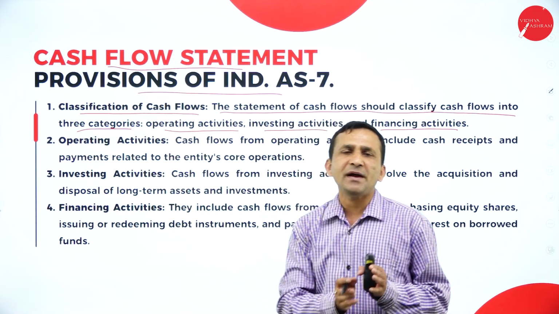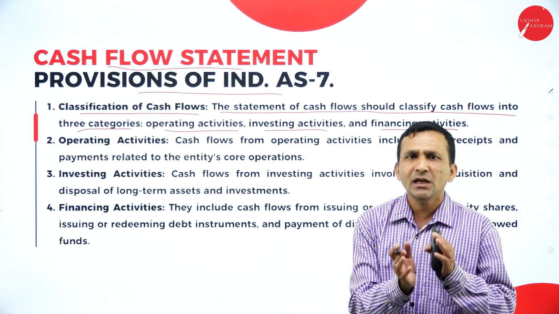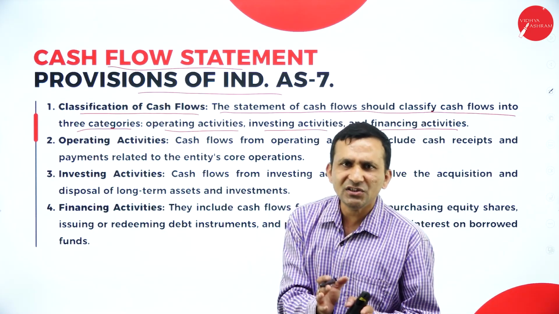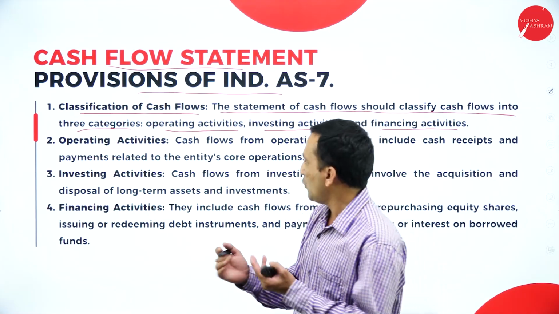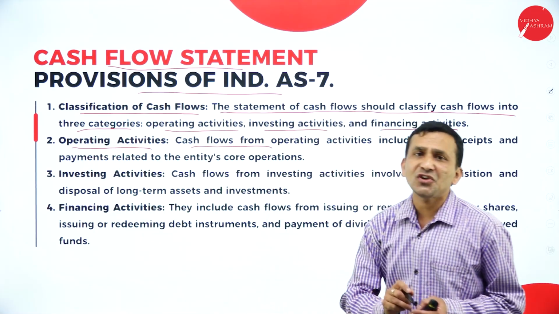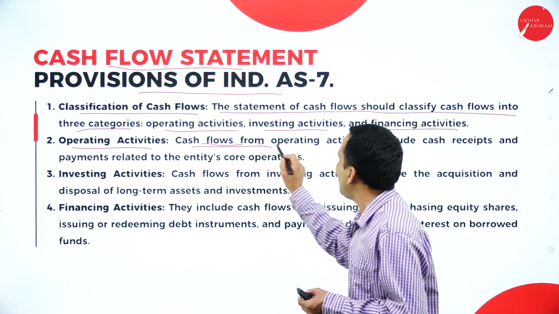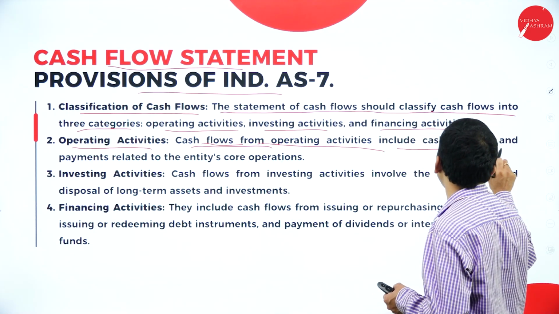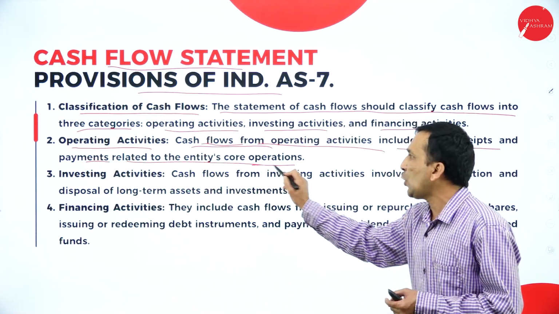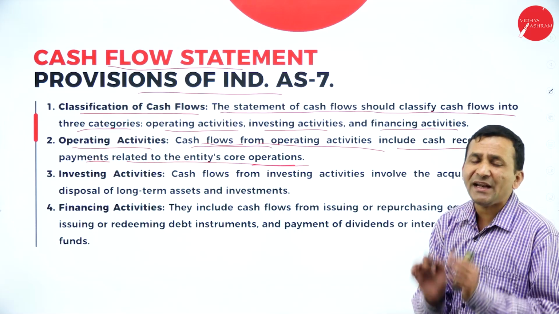Again, we can classify it into operating activity inflow and outflow, investing activity inflow and outflow, financing activity inflow and outflow, of course. Next, under operating activity, cash flows are relevant. The cash flow from operating activity includes the cash receipts and payments related to the entity's core operations, which is very important.